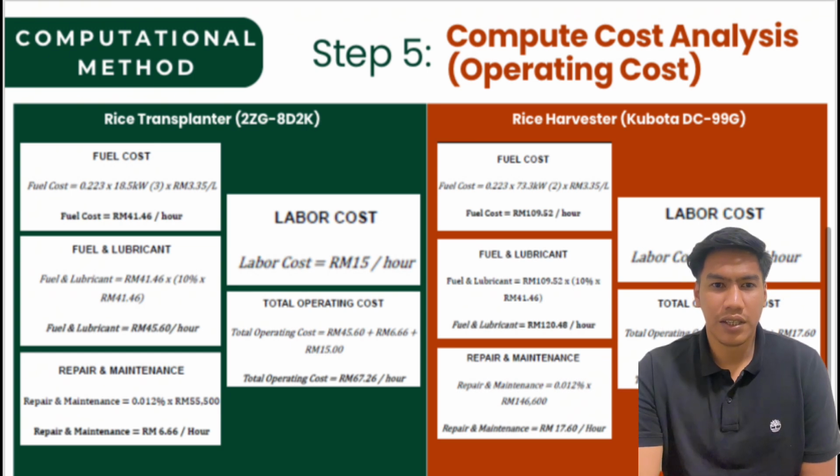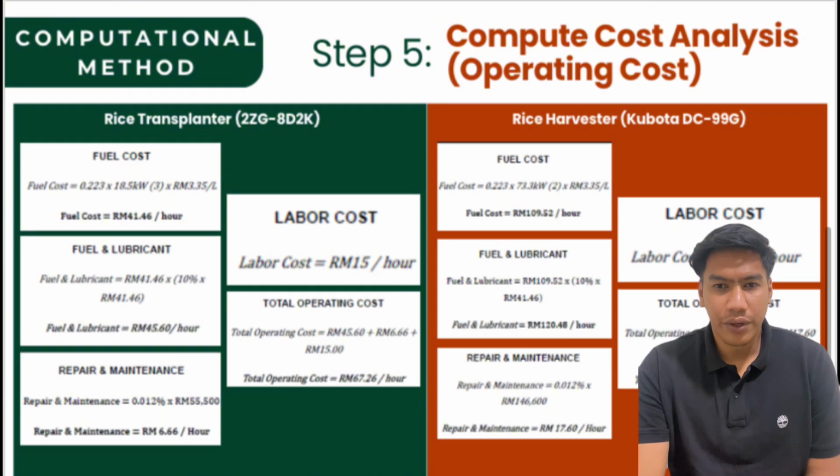Fuel cost is RM41.46 per hour. Fuel and lubricant are 45.60 per hour. Repair and maintenance are RM6.66 per hour, and labor cost is RM15 per hour.